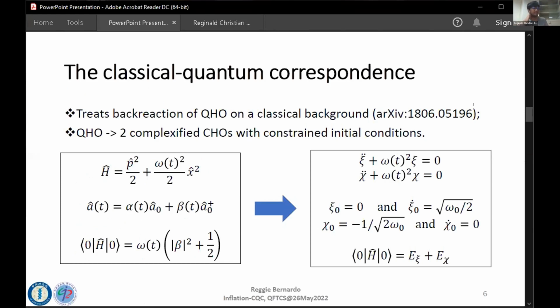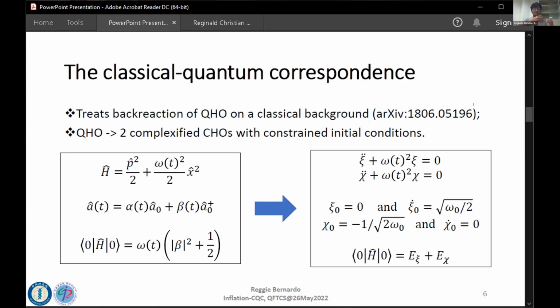Yeah, so now that I've mentioned that motivation, let me draw you to this apparently new method of classical quantum correspondence. So first, the terminology can be quite confusing.